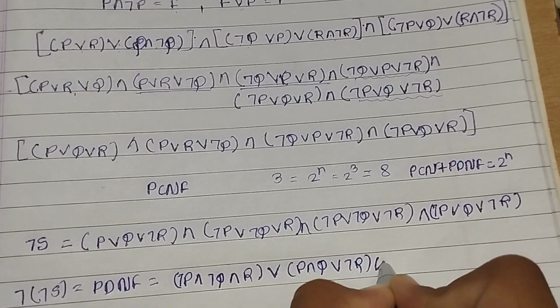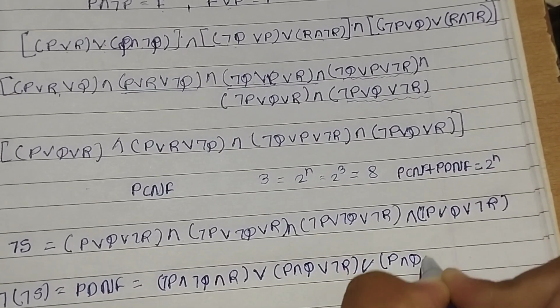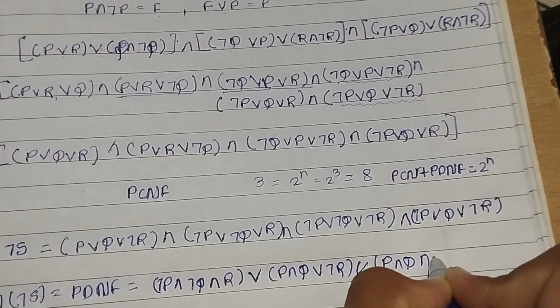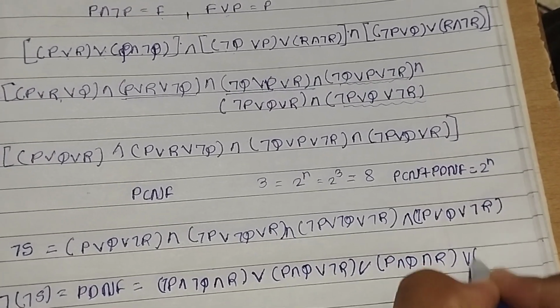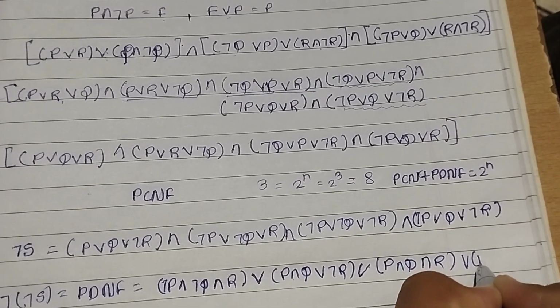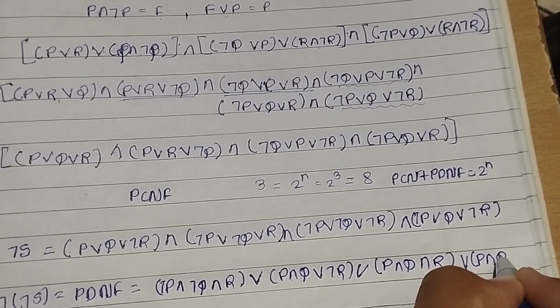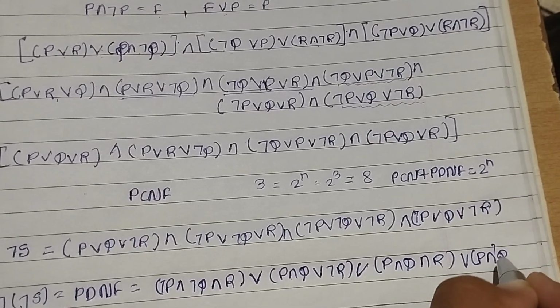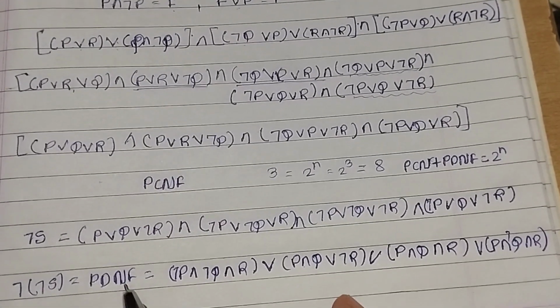Now AND converted into OR: P and Q and R, or P and negation Q and R. This is the PDNF.